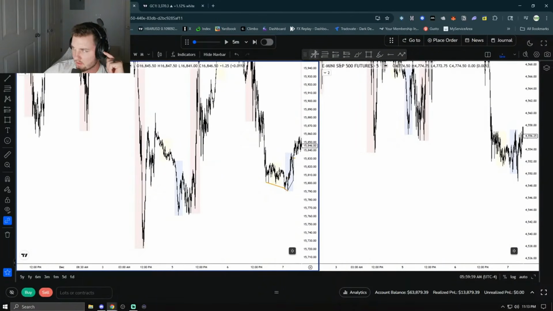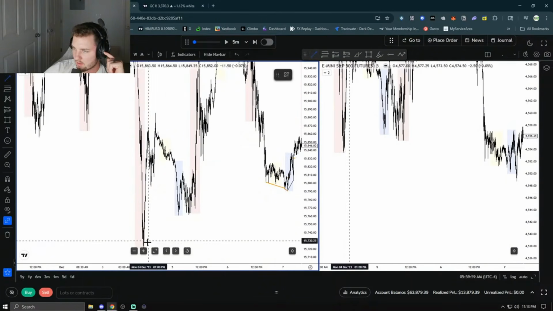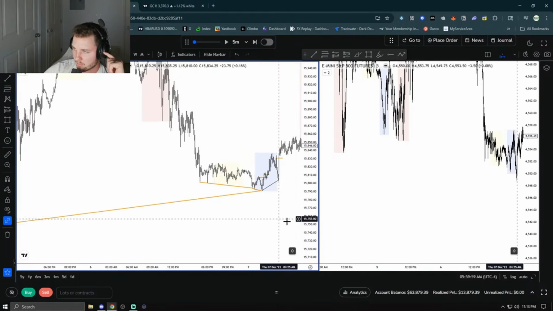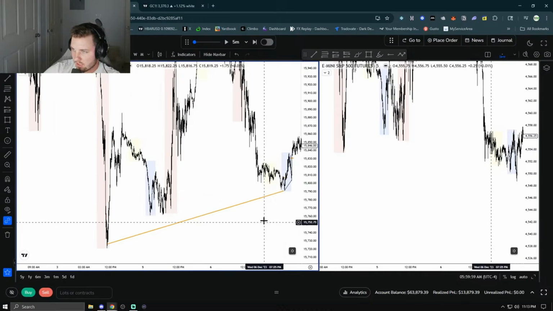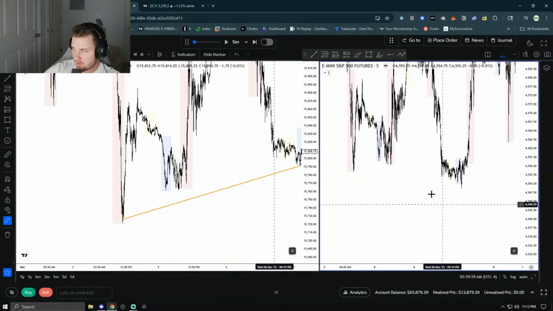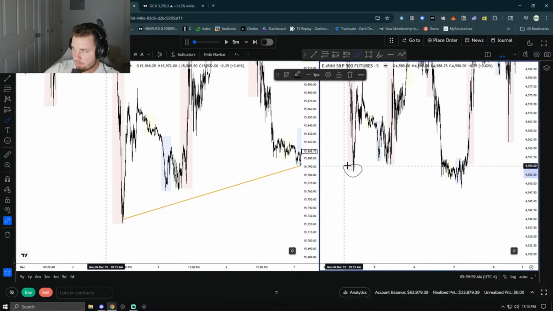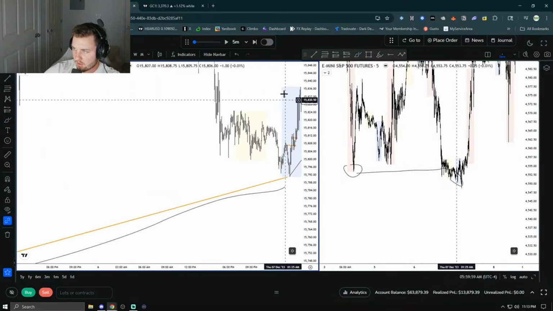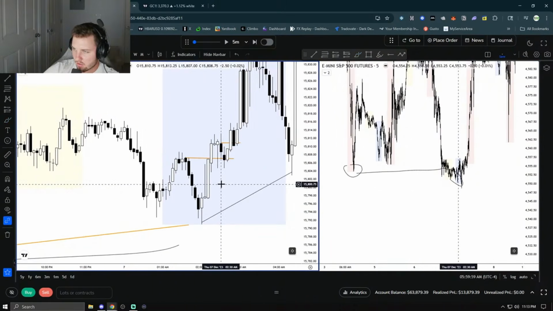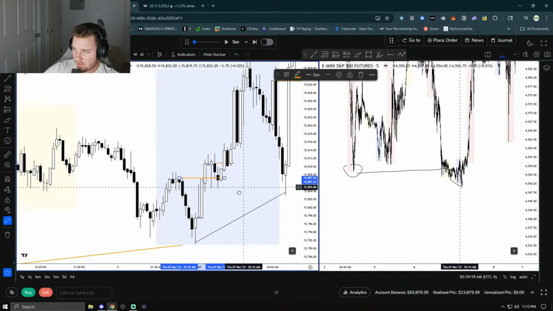So this is literally exactly what we're talking about. Stage 2 SMT, if you look here, this low is low, see, and higher low, okay? Then internally, CISD1.